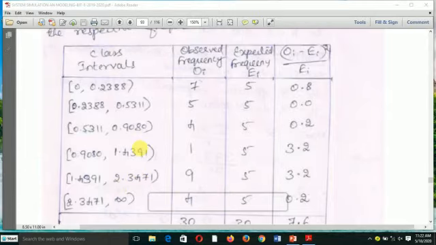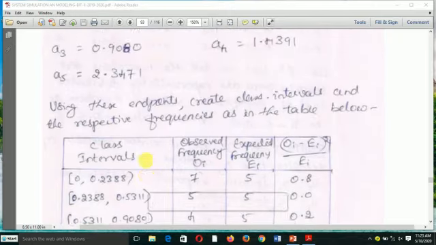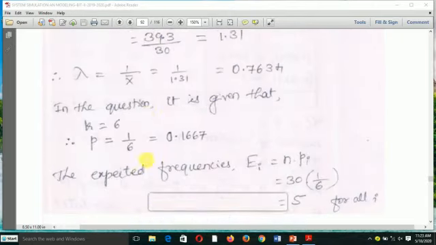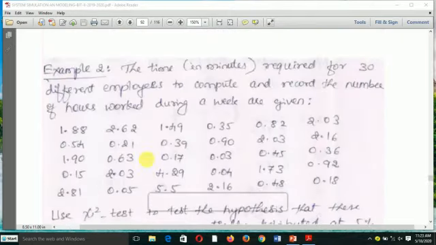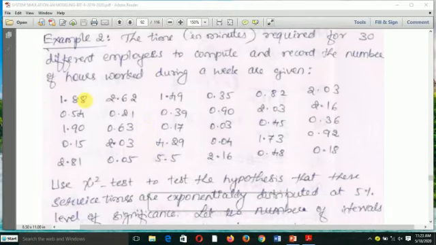So we can check how many values are in this range. We find that it is 1 between 0.9 and 1.4. If you check, this is not there. This is not there.